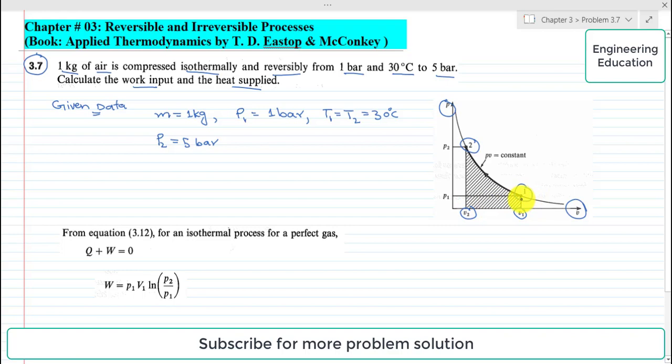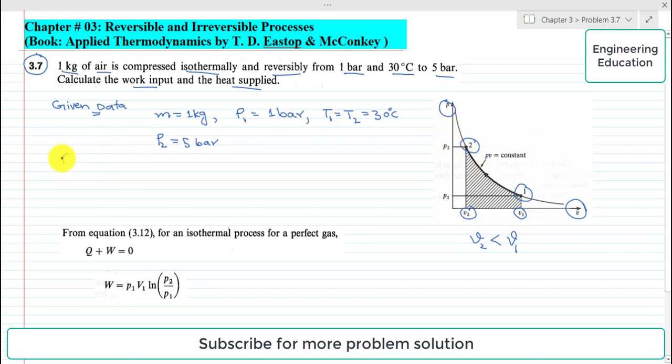At state 1 we have greater volume, while at state 2 we have small volume as compared to V1. So we can say that V2 is less than V1. It shows that this process is isothermal compression because the volume or specific volume decreases in this process.